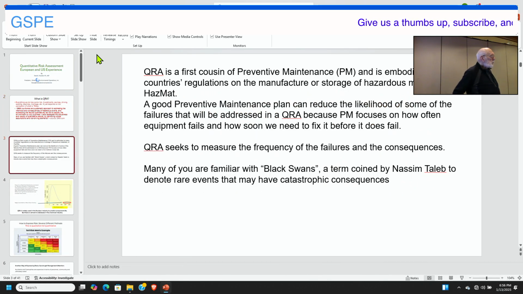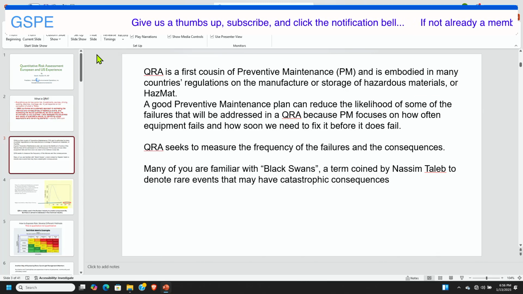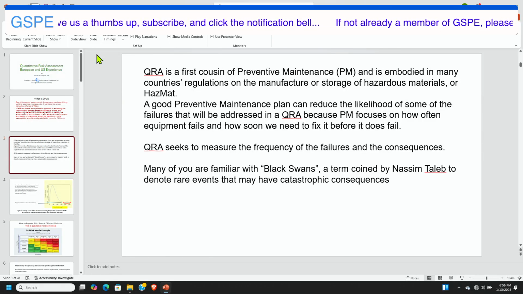All right. QRA is a first cousin to preventive maintenance. PM is figuring out when it's going to fail and changing things out. QRA just says what's the likelihood and what are the consequences when it does fail.